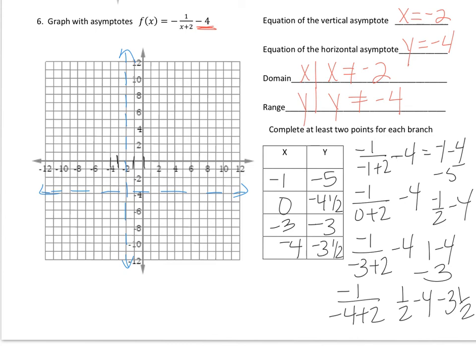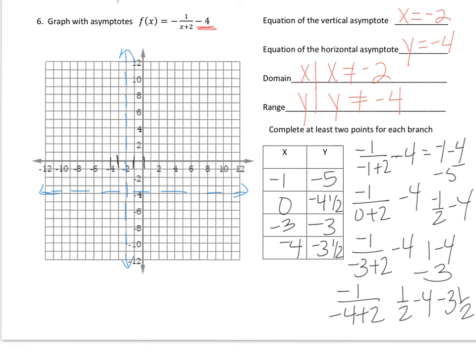So once I plug those in, I can plot them on here to find out where my graph is. The negative out front tells me that it should be in these two quadrants as divided by the asymptotes. So let's put some of those on there.